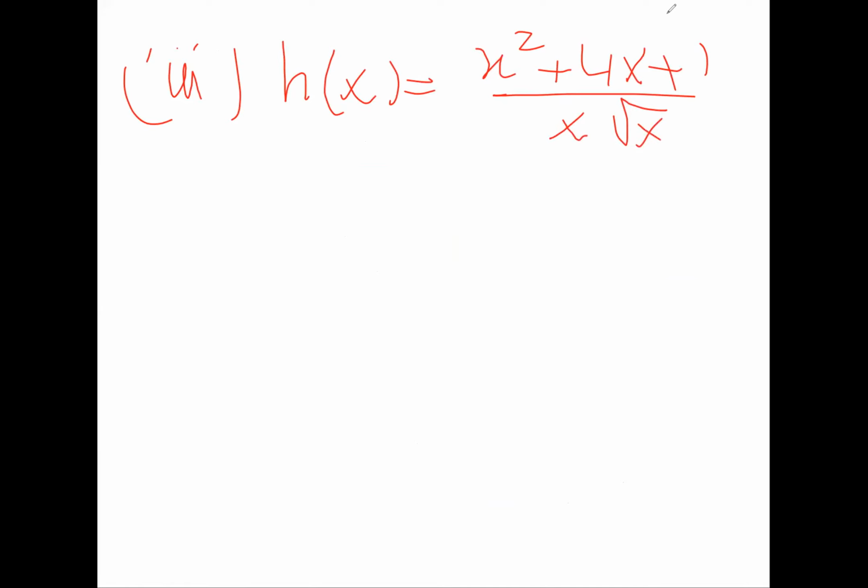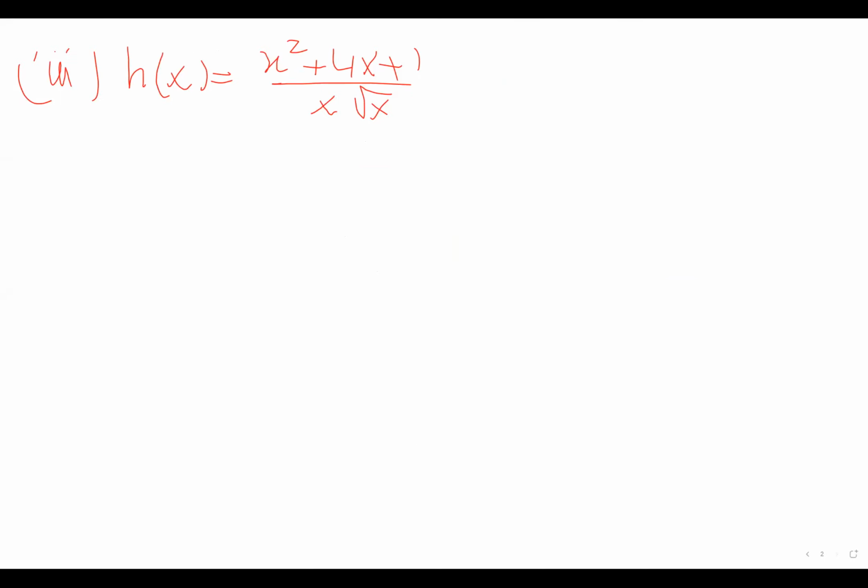And here I will again change the form of the function to make it easier to compute the derivative. So here I will take advantage that there is no sum or difference in the denominator. So I can write it (x^2 + 4x + 1) over x^(3/2).